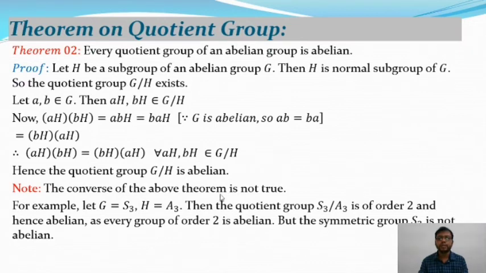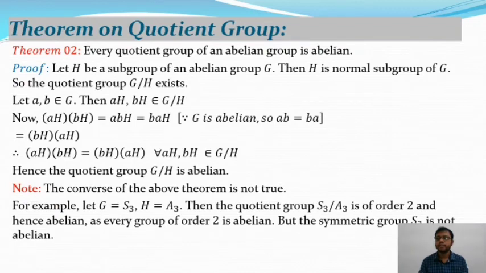But the converse part of the above theorem is not true. For example, let G equal S3, the symmetric group of order 6, and H equal A3, the alternating group of order 3. Then consider the quotient group S3/A3. You know that the order of S3 is 6 and the order of A3 is 3.